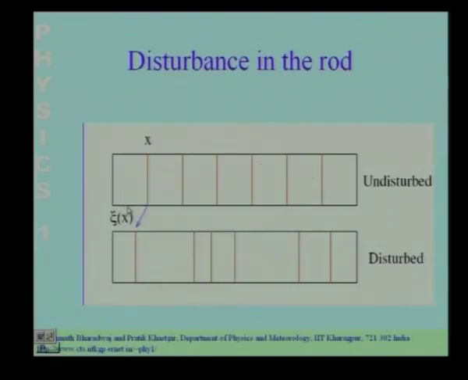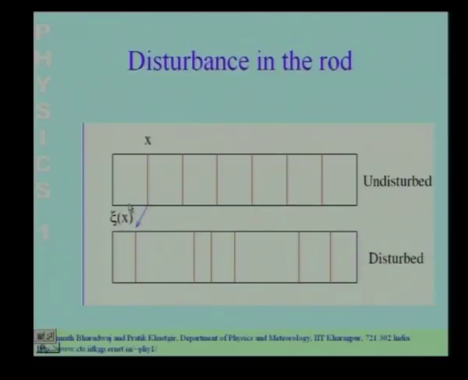It causes the first element along the length of the rod to get compressed, and it is only this much. The second element has got rarefied, so it covers a larger length than it originally did. The third element is compressed, the fourth element is compressed, the fifth element again is rarefied, the sixth element is more or less the same, maybe a little compressed, and this is compressed.